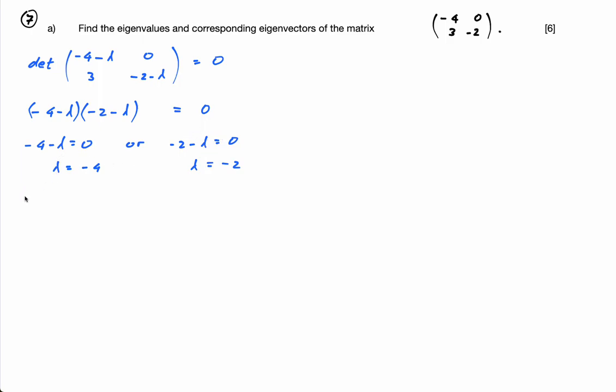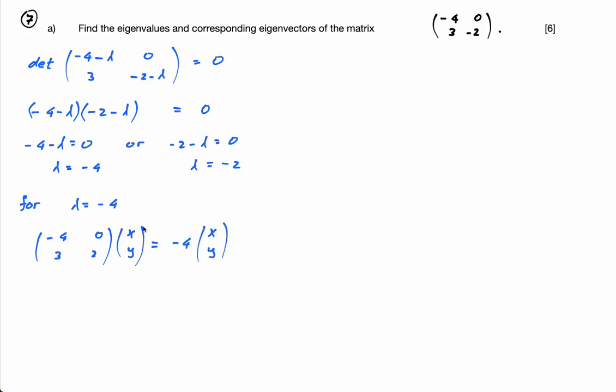To get the eigenvectors, I need to look at them separately. So I say for lambda equal -4, I have the matrix -4, 0, 3, -2, times some vector xy, this is my eigenvector, has to equal -4 times xy.